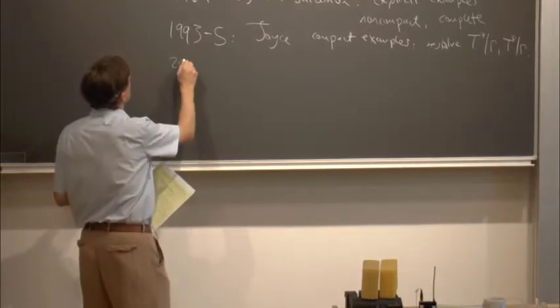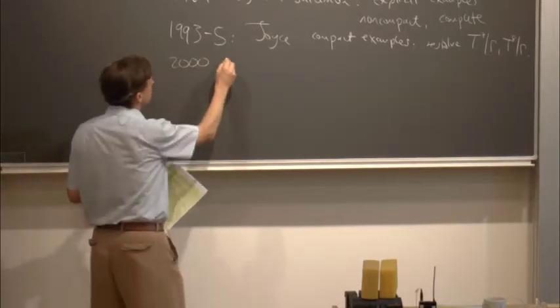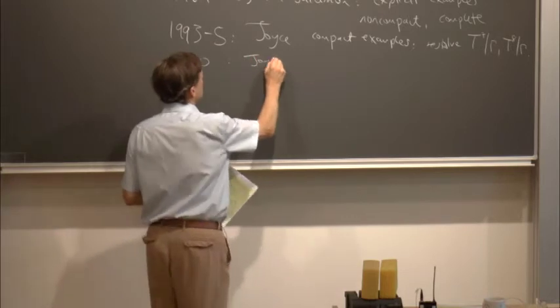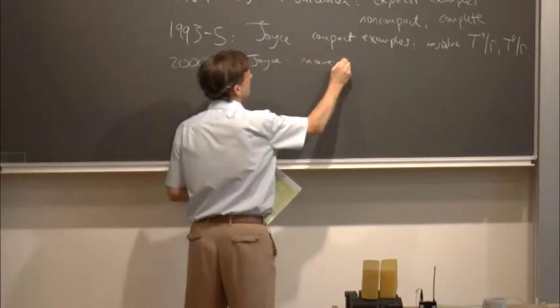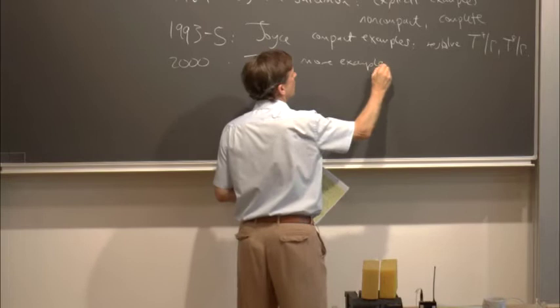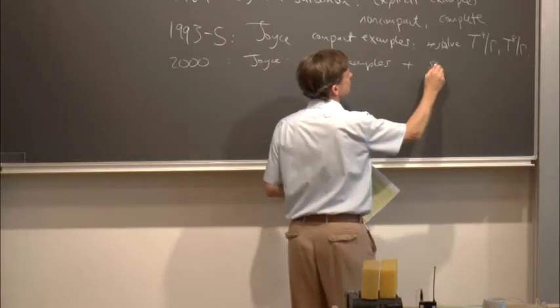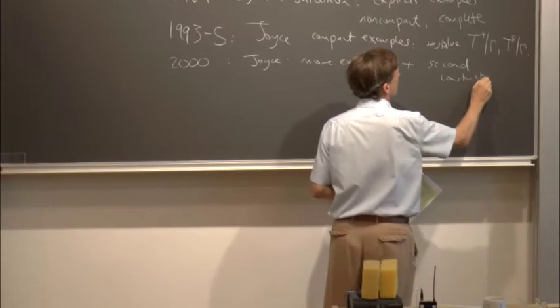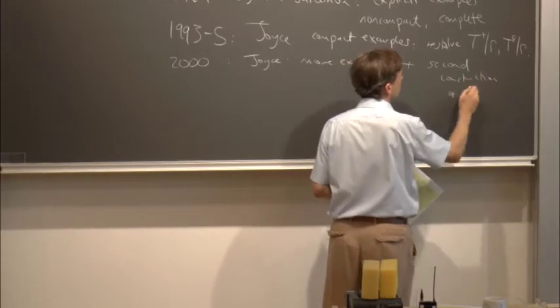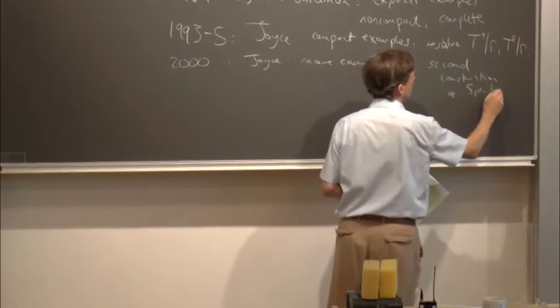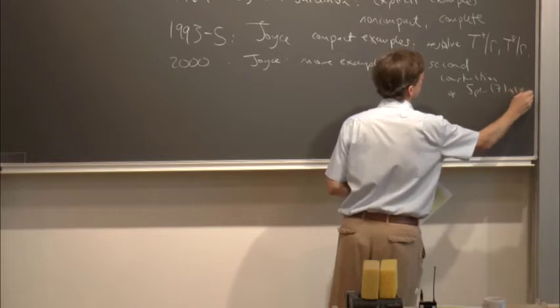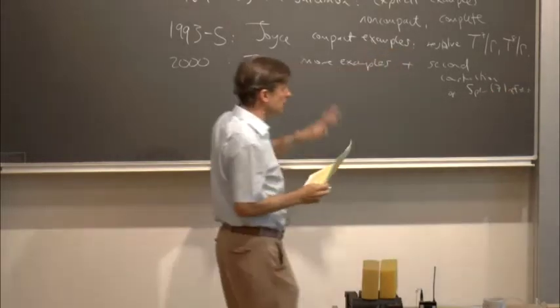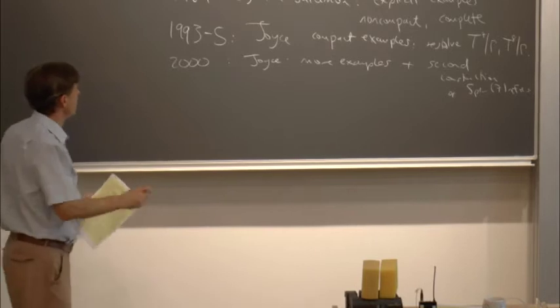Okay, in 2000 I found more examples and a second construction of compact spin 7 manifolds, this time using Calabi-Yau 4 orbifolds.